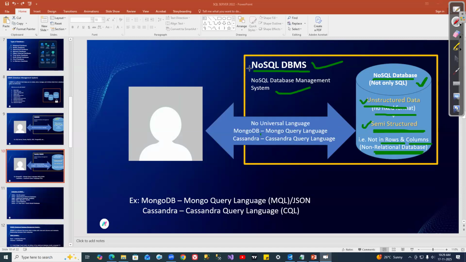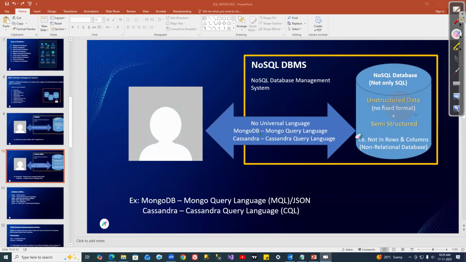Here it is a NoSQL database management system. The examples of NoSQL database management systems are MongoDB and Cassandra.